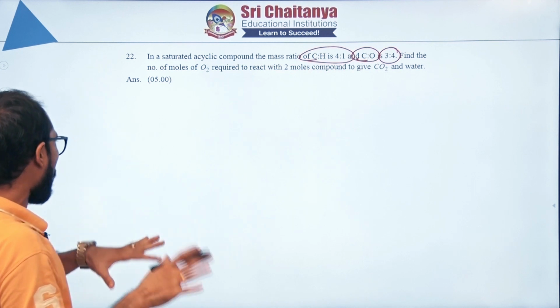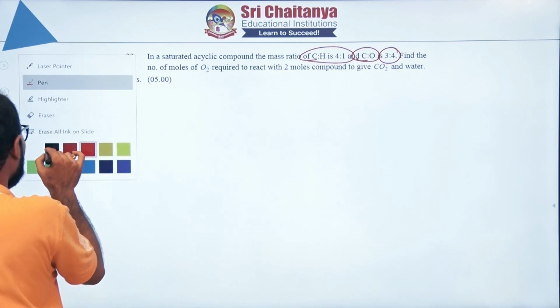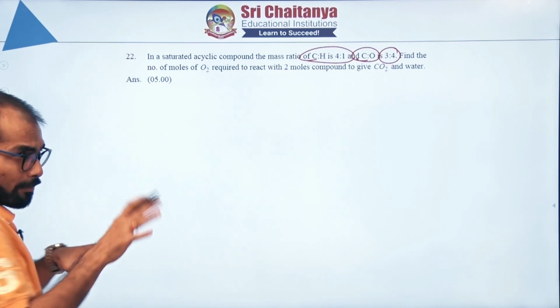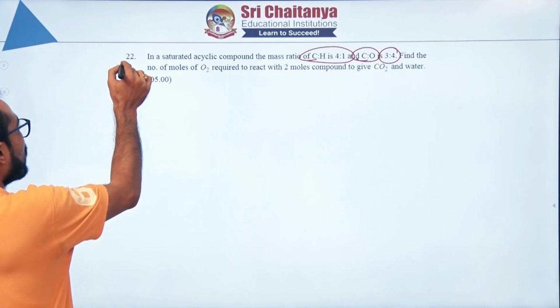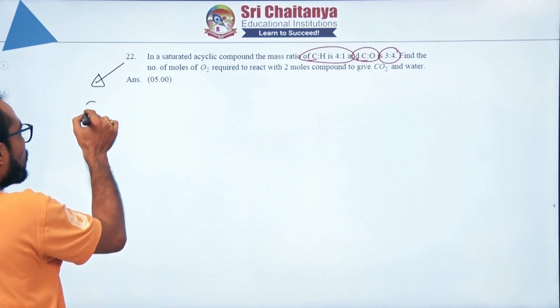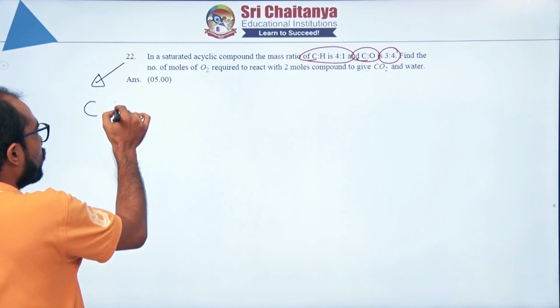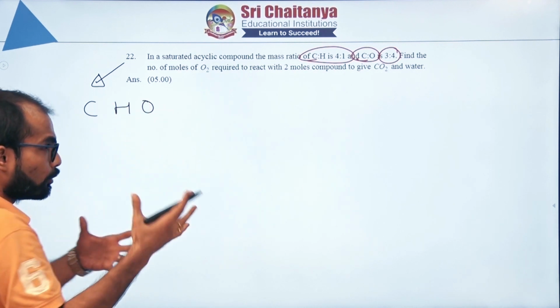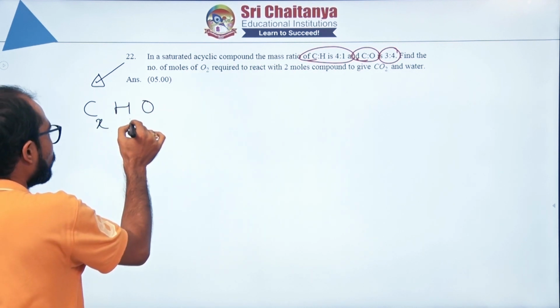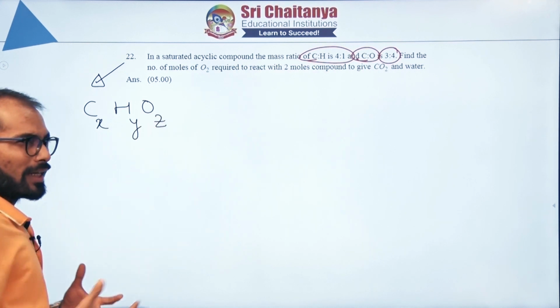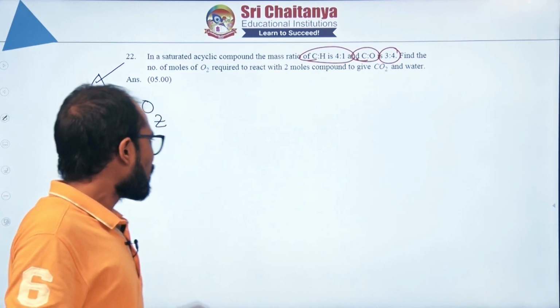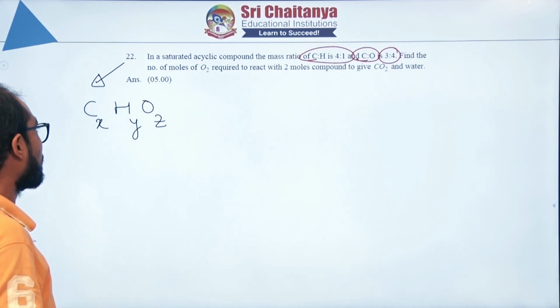One way people will approach this question is in this particular way, which I am not interested in, but I am giving it to you because this way it will take time. Suppose you assume that particular compound is CxHyOz and assume the molecular formula xyz. These x, y, z are nothing but some positive integers.